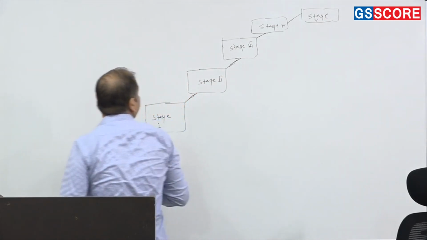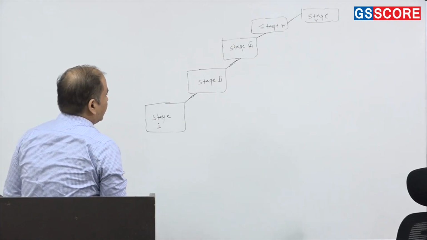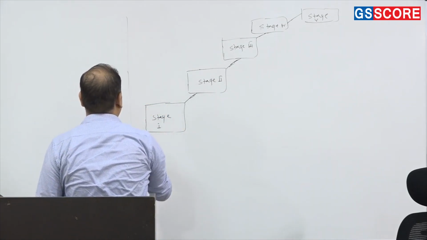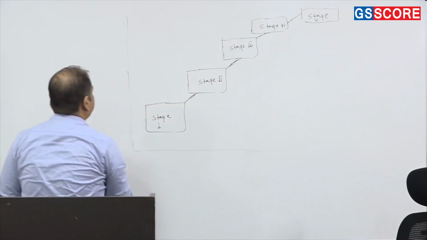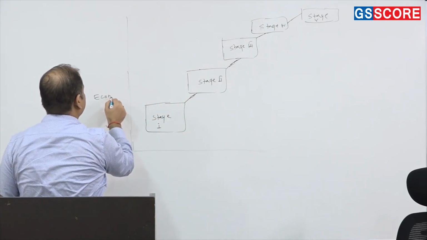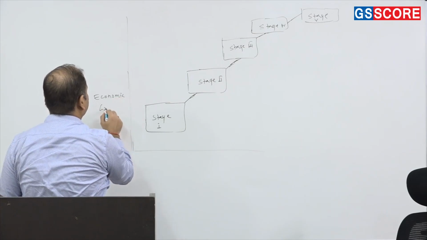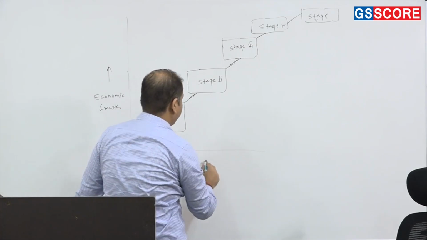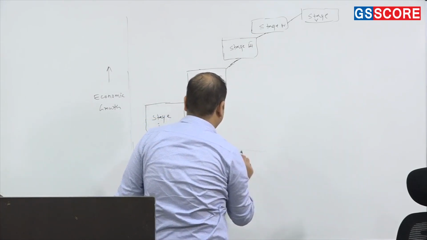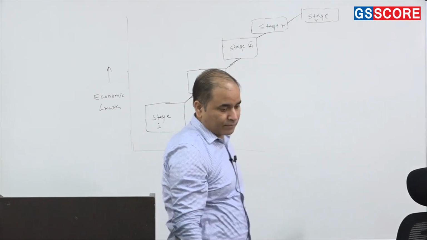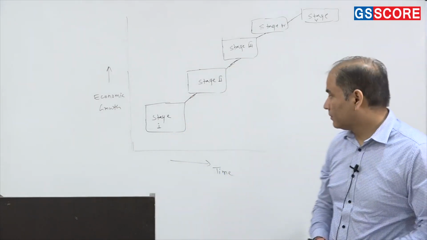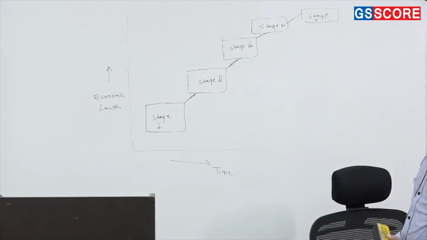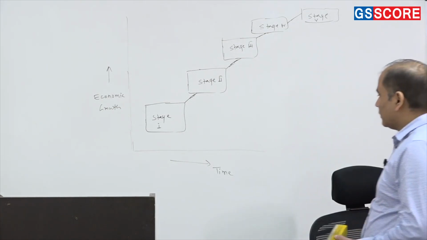So, he simply talks on the 5 stages of growth. Here you can say economic growth, and here you can say time. So, this is how the growth will happen in different stages with respect to time.